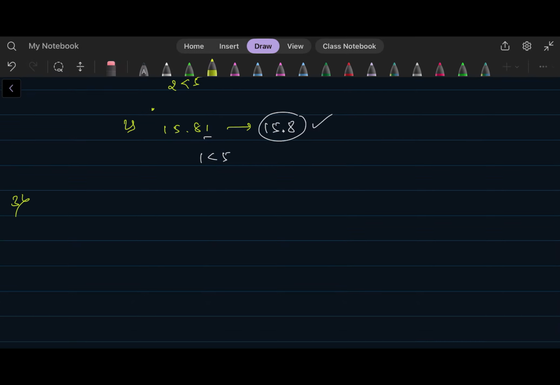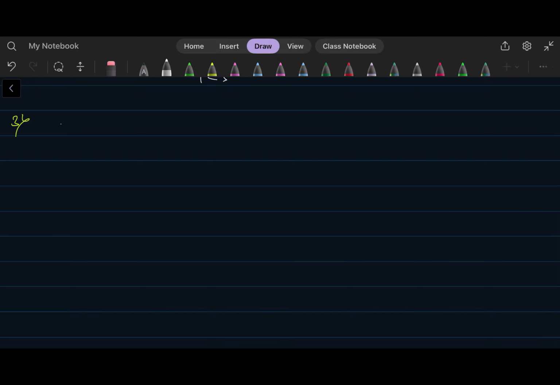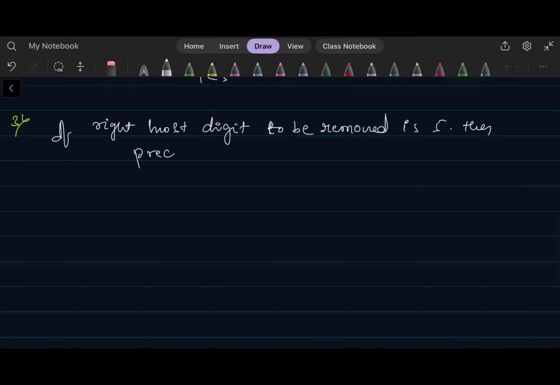Third, we are going to discuss: if the rightmost digit to be removed is 5, then the preceding number is not changed when that preceding number is even.